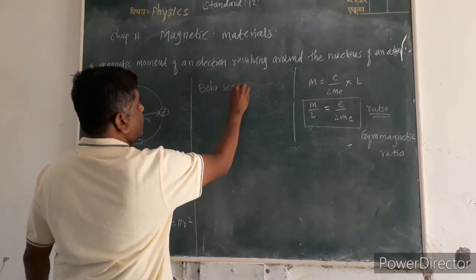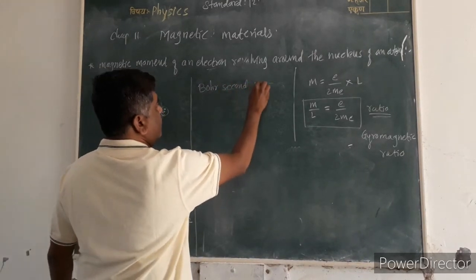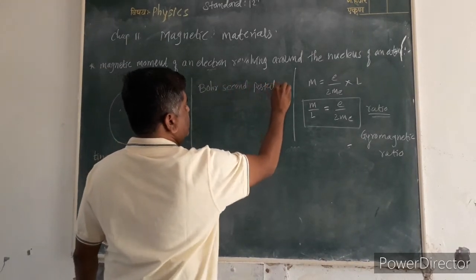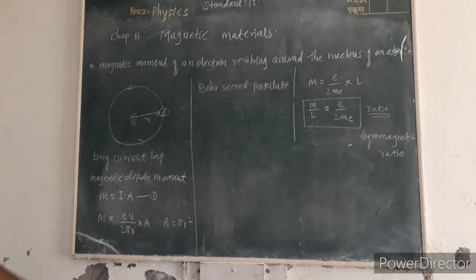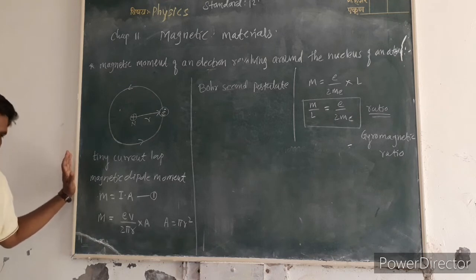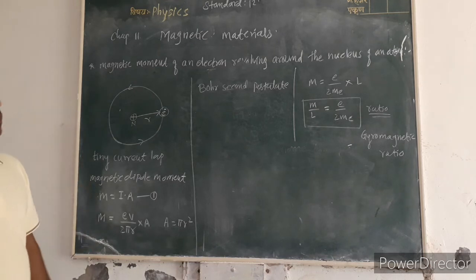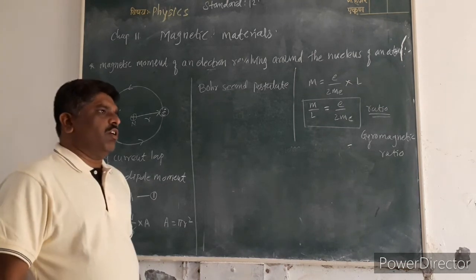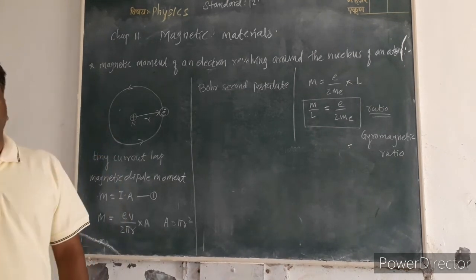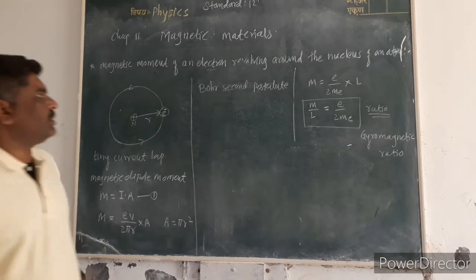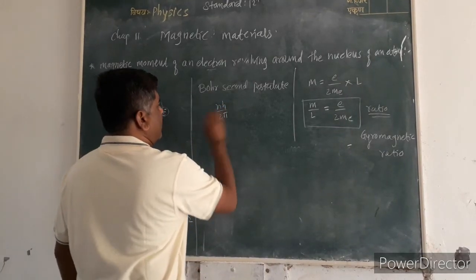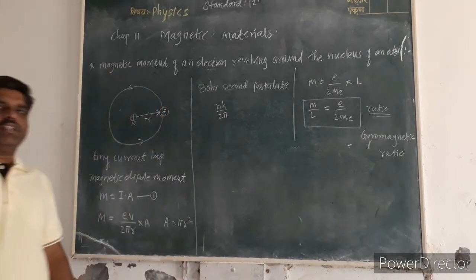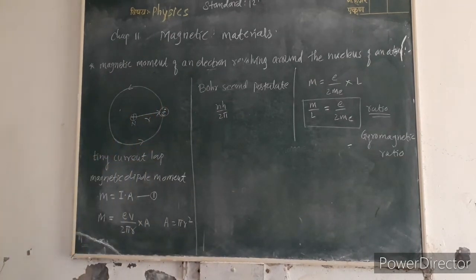For an electron revolving around the nucleus, the angular momentum of the electron is an integral multiple of nh upon 2 pi.